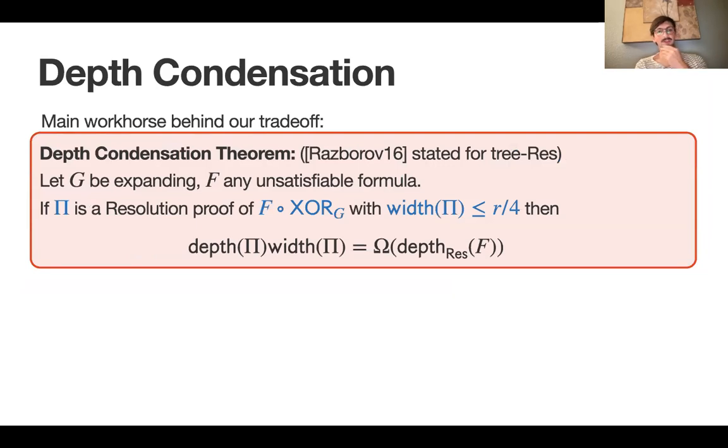And so the main workhorse of our trade-off is going to be the following depth condensation theorem by Razborov. He stated this for tree-like resolution, but it's not difficult to see how to extend it to resolution.